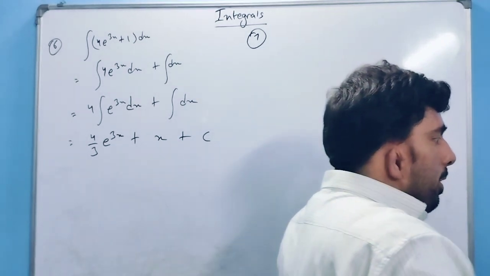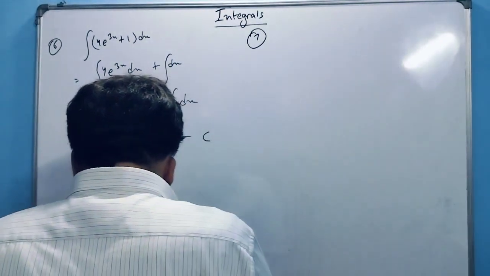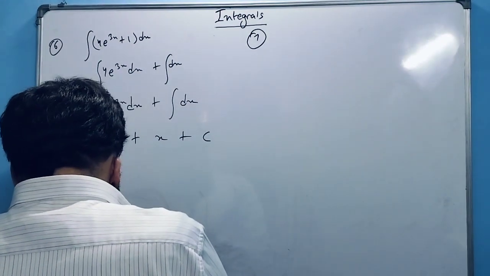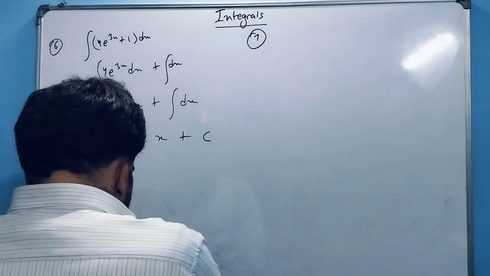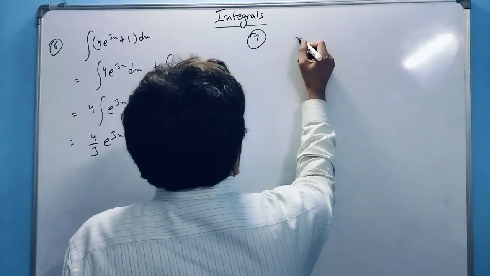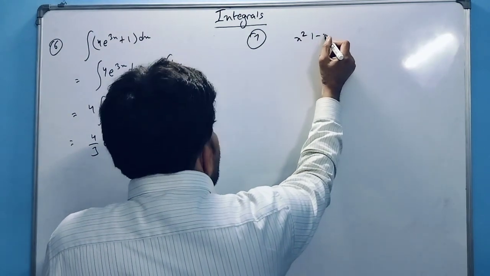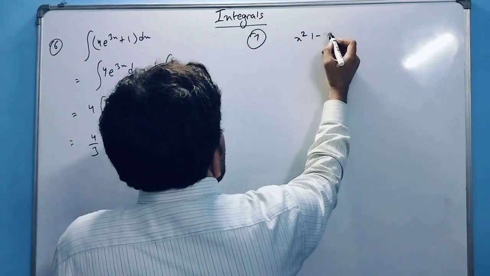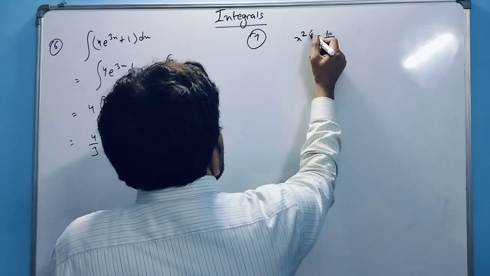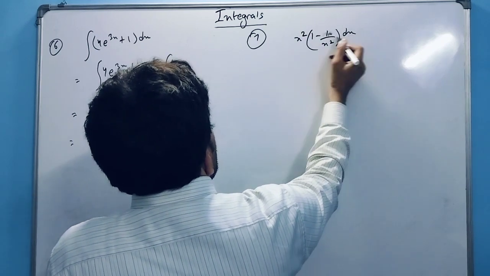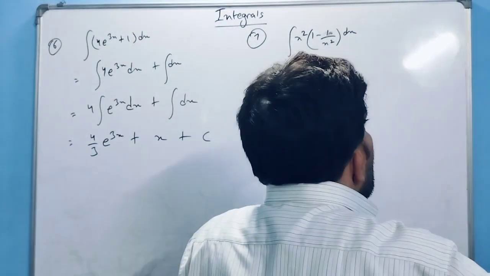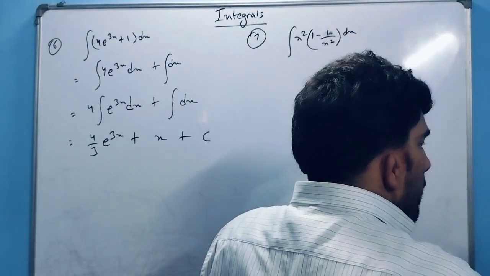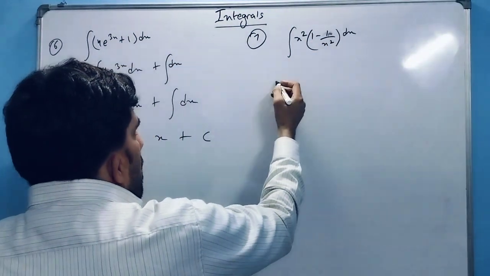The next integral we have to find, that is they have given, is x square times 1 minus 1 upon x square dx. We need to find the integration. Now, the question is to find the following integral.